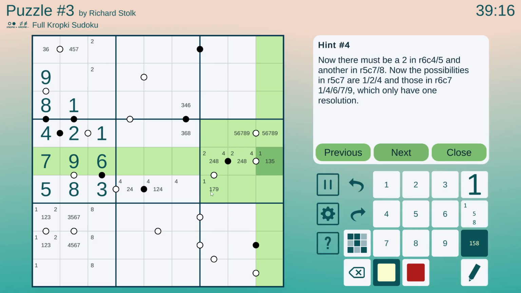They're talking about this square, right? Row 5, column 7 are 1, 2, 4. And those in row 6, column 7 are 1, 4, 6, 7, 9.